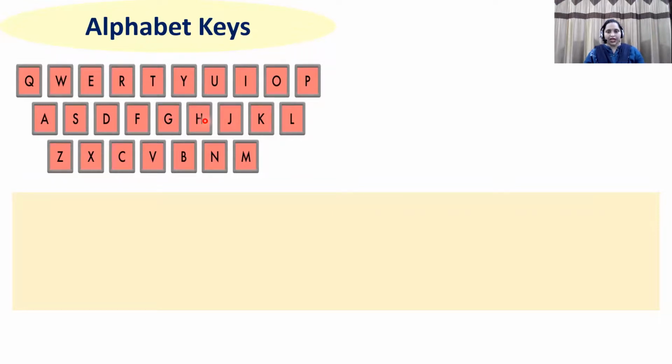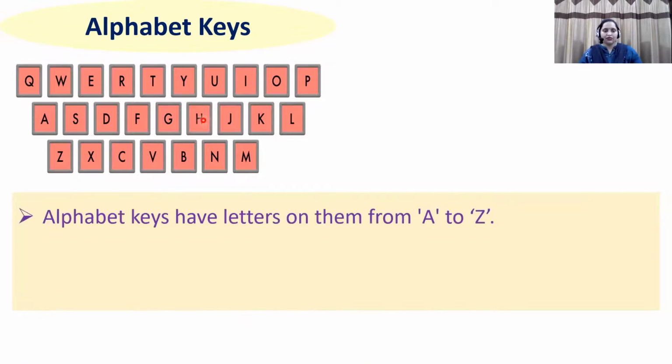Alphabet keys have letters on them from A to Z. All the alphabets are there on these keys, but remember, they are not in sequence. Whenever you see a keyboard, it will be written in this sequence only.